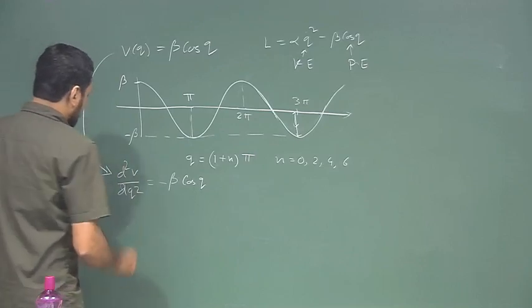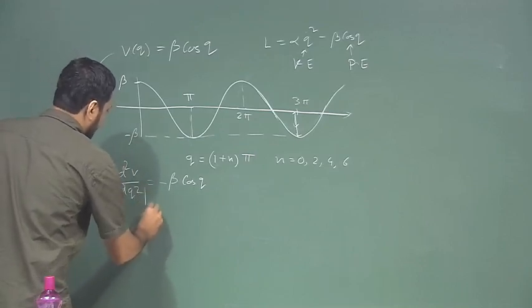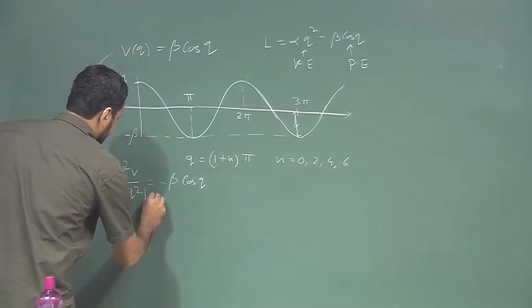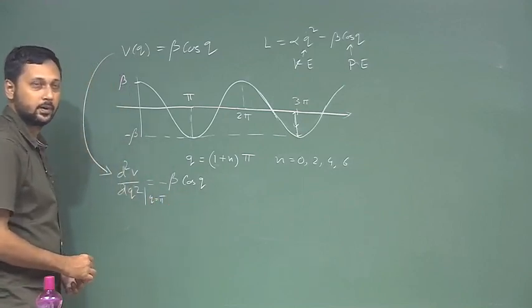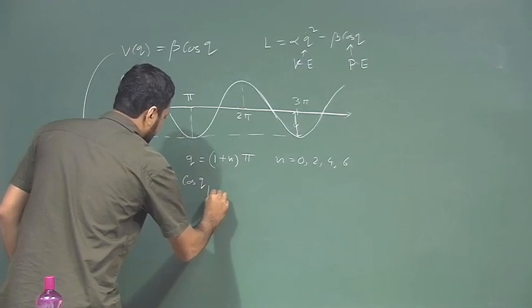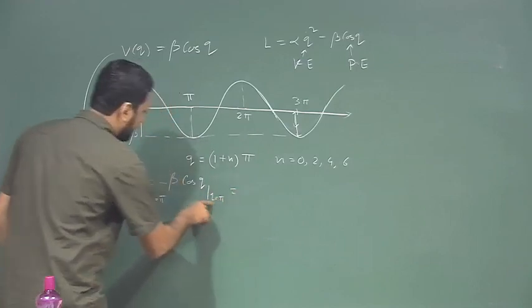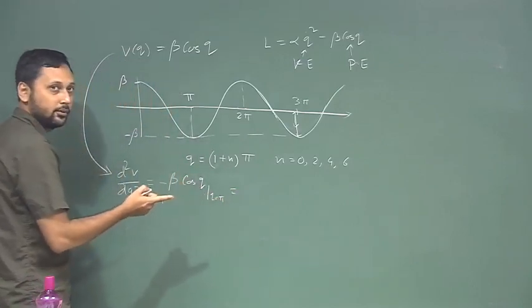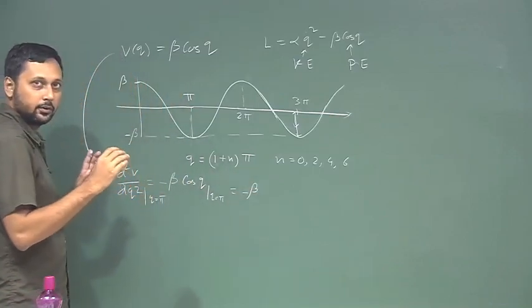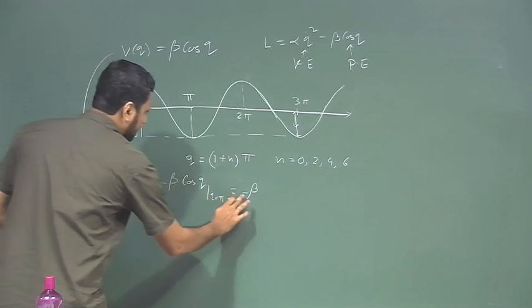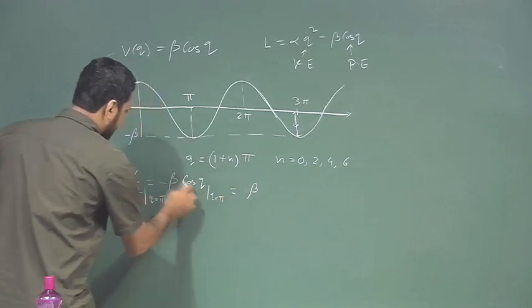So, if you evaluate this at q equal to pi, what do you get? At q equal to pi, cos q equal to minus 1. So, there will be a minus coming from here, and a minus here.